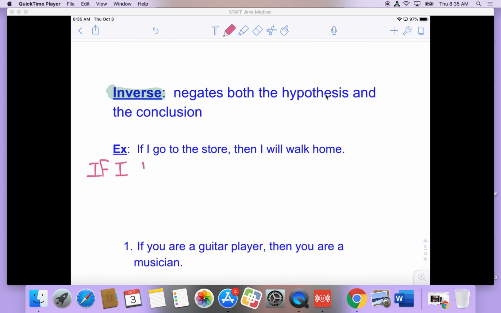Either way, if I don't go to the store, then I won't walk home.